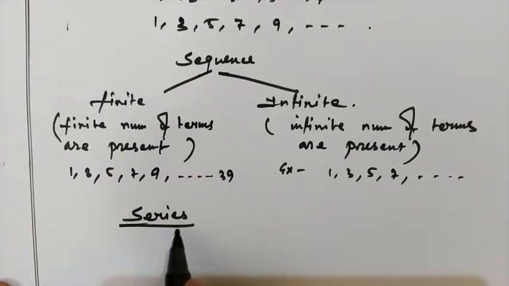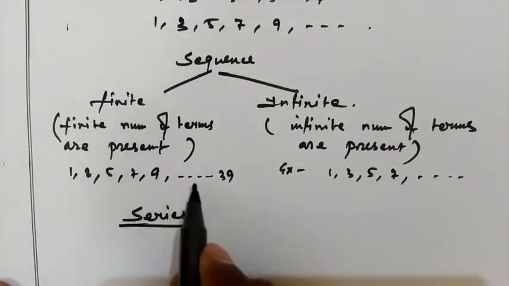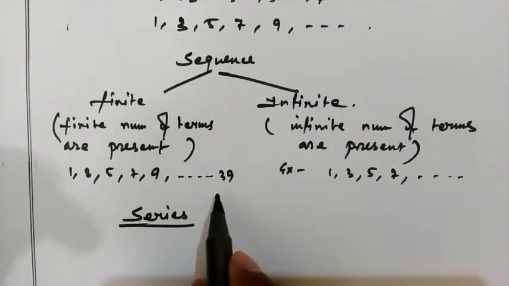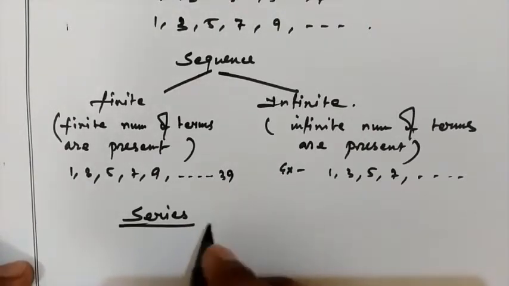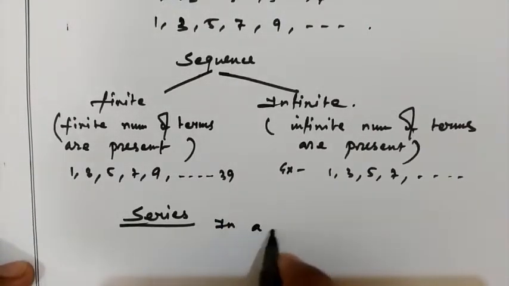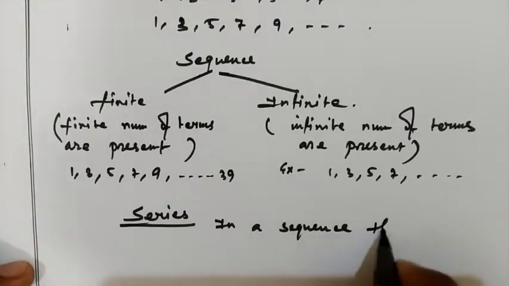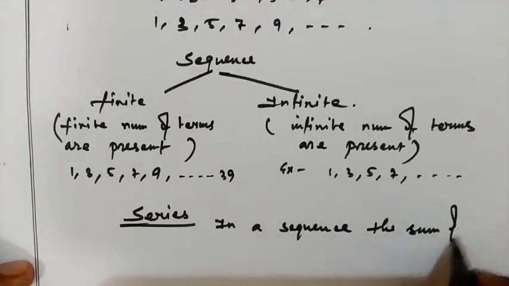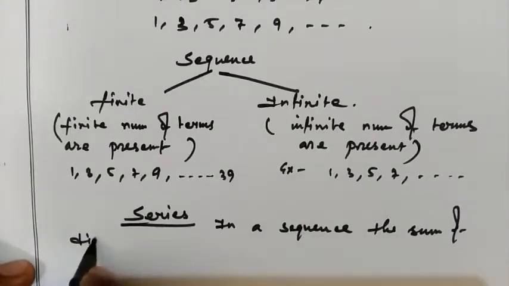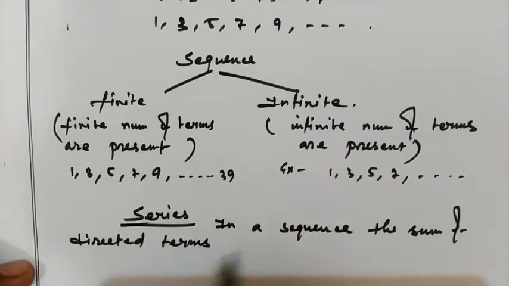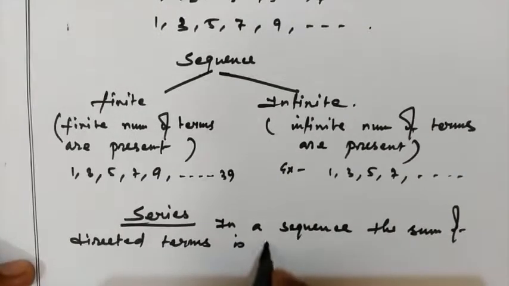So what is series? Summation of all these terms is called series. In a sequence, the sum of the terms is called a series.